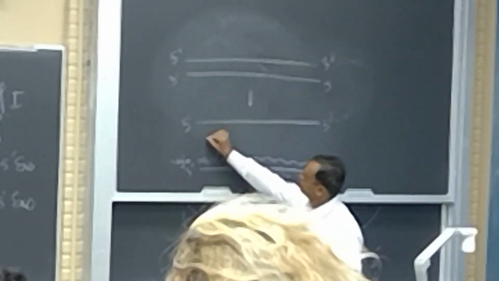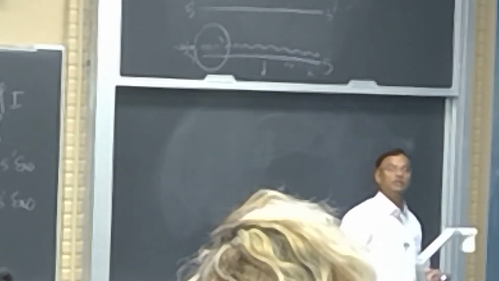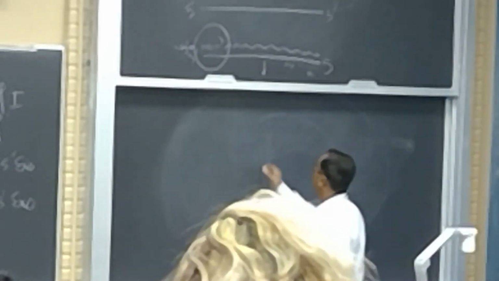To avoid this replication problem, we have an enzyme which specifically helps the replication of these ends of the chromosome, the telomere, and the enzyme is called telomerase.